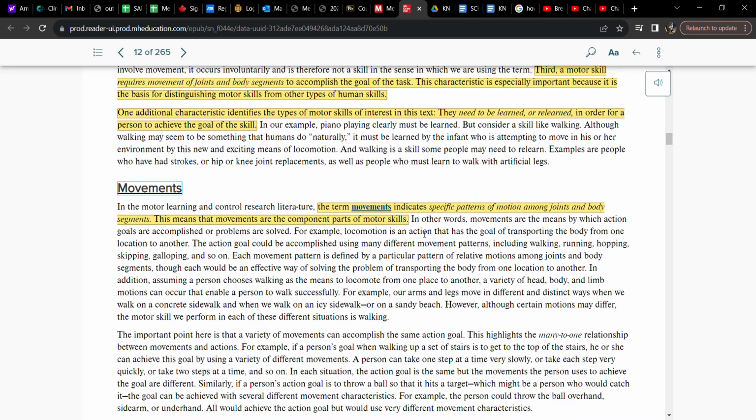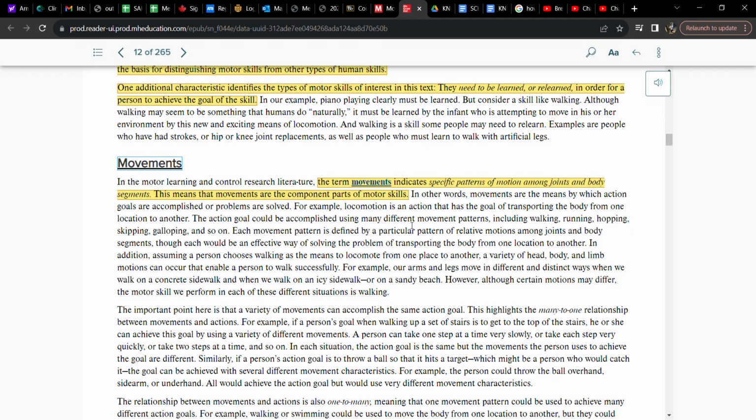Next, we're going to talk about movements. So the term movements indicates specific patterns of motion among the joints and body segments. So that means the movements are component parts of motor skills. We're going to talk about this later, but basically you use movements of certain parts. Let's say your elbow bends and extends, or flexes and extends if you want to get more technical. And you need to be able to use those movements to accomplish that goal.